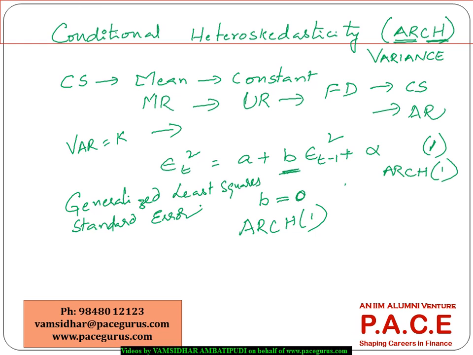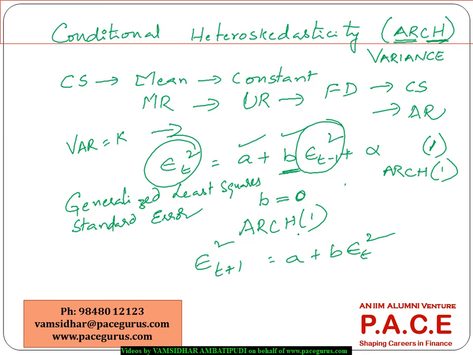So at least we can predict the variance in the next period. If I know the variance in the current period, and I know the values of A and B, I can use them to predict the variance of the next period. So it becomes error t plus 1 squared is equal to A plus B times error t squared. So this kind of equation can very comfortably be used to predict the variance in the time series for the next period.